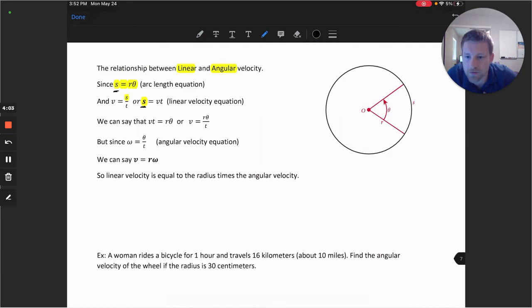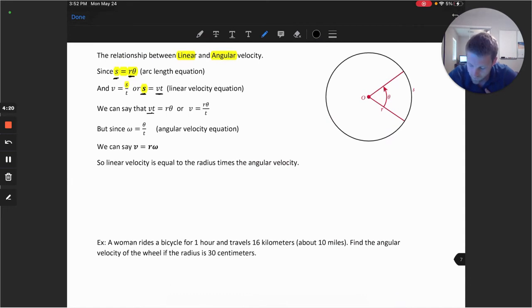And so we can set those two equations equal to each other and get a new equation. So we know that r times theta is equal to the velocity times t. That's what we have in our next line. We can say that v times t is equal to r times theta.